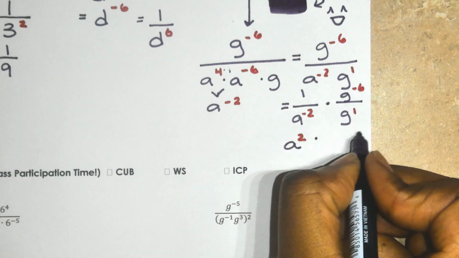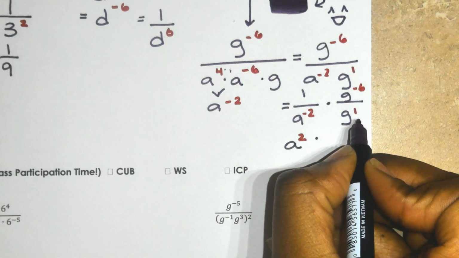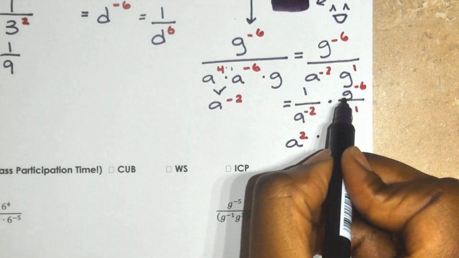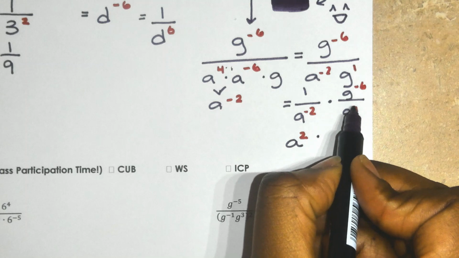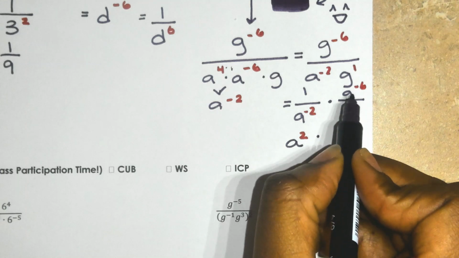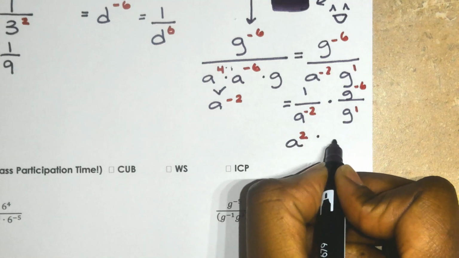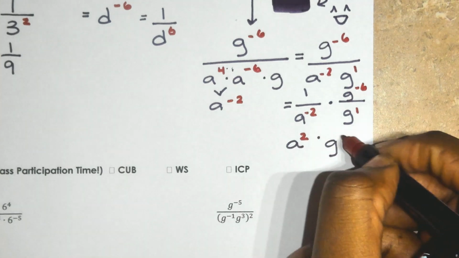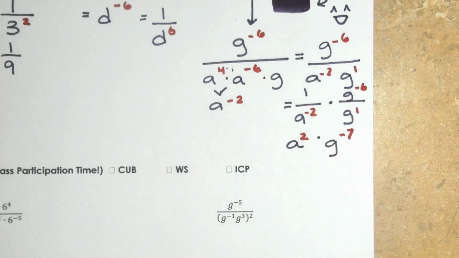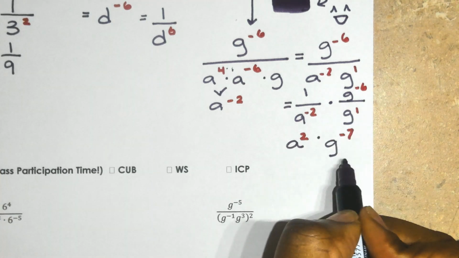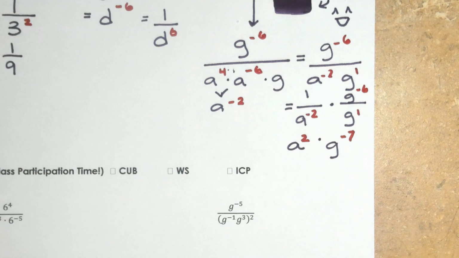And on this side, with g as my common base, I still have some simplifying to do here. Alright, so g to the negative 6th power divided by g to the 1st power, keeping the base, subtracting the exponents, gives me g to the negative 7th power. And a negative exponent I must rewrite with a positive exponent.